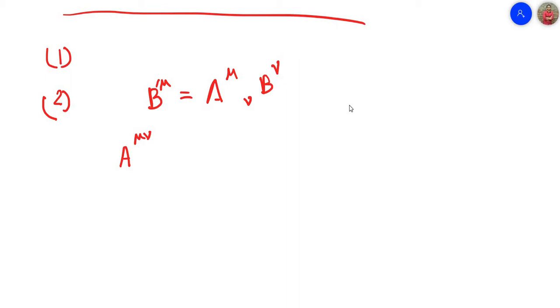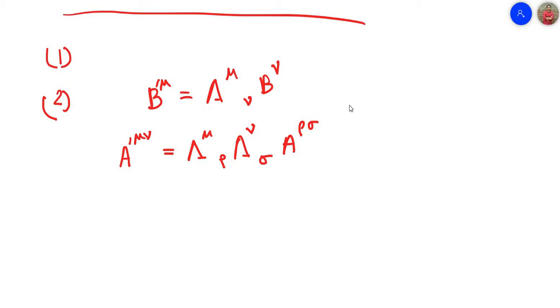So this quantity will transform something like this: lambda mu rho, lambda nu sigma, A rho sigma, and of course this is a transformed variable.